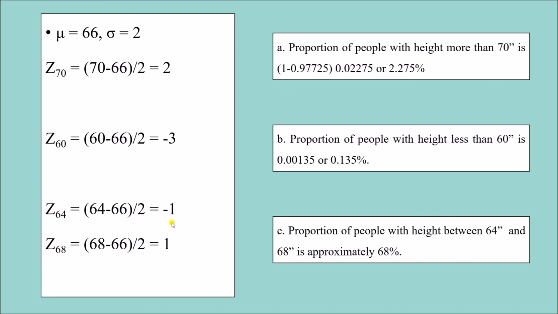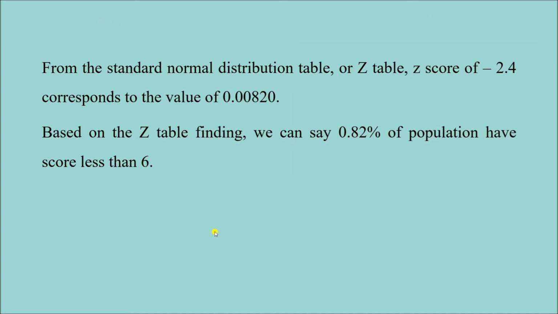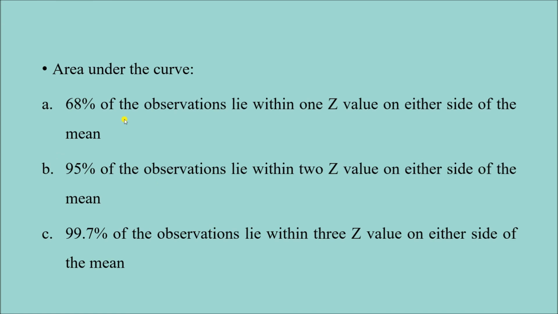And in between 64 and 68. 64 and 68 basically are Z score of -1 and +1. So we want to know how many of the people will have value within 1 Z value on either side of the mean. Here we learned earlier that about 68% of the observations lie within 1 Z value on either side of the mean.